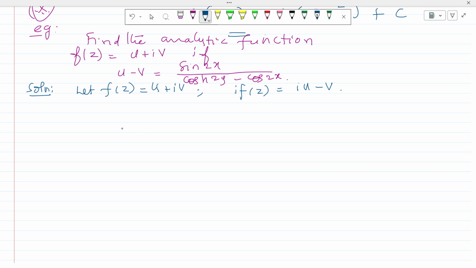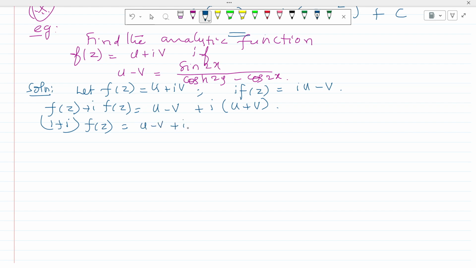Then if you are adding these two, f of z plus i into f of z equal to u minus v plus i into u plus v. That means 1 plus i into f of z equal to u minus v plus i into u plus v.